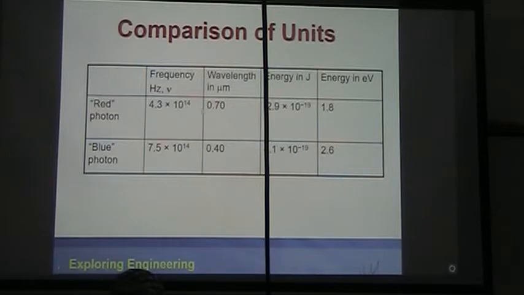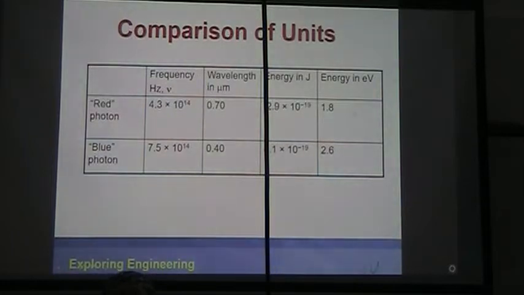The wavelength in millionths of meters of red is 0.70. For blue, it's 0.40. The energy in joules for red is 2.9 times 10 to the negative 19th, whereas for blue it's 4.1 times 10 to the negative 19th.